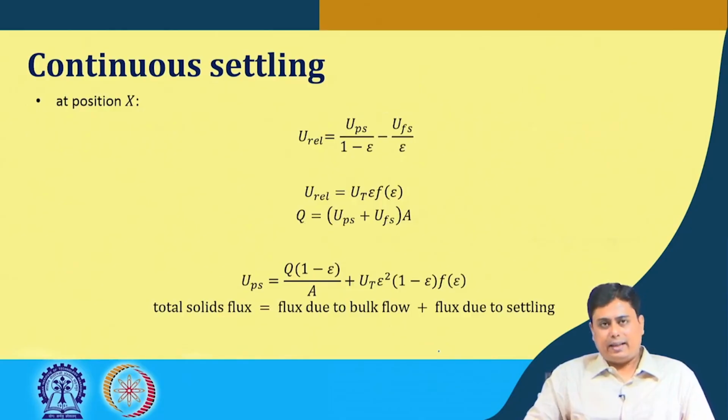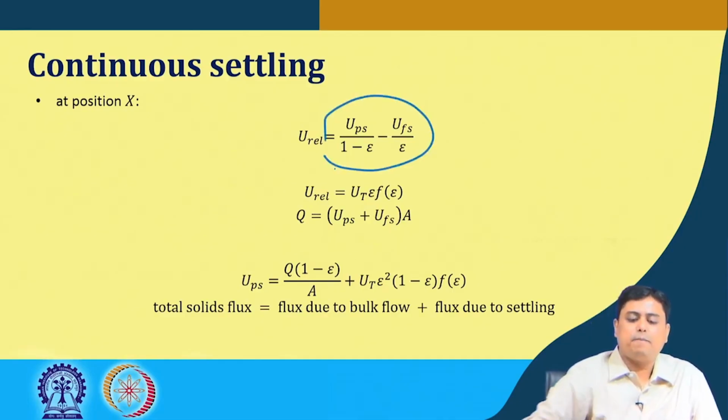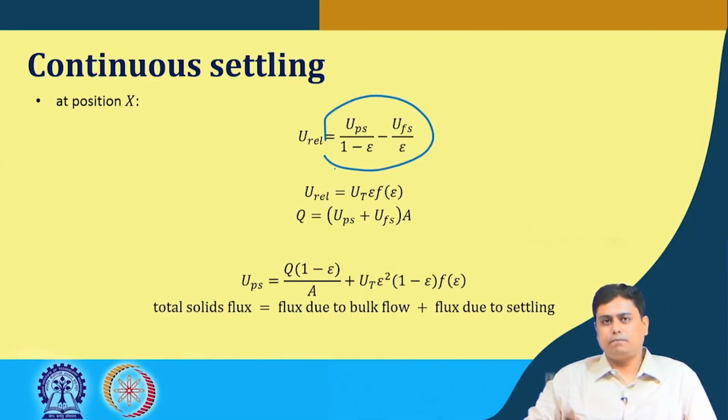So, at position x, the particles and the fluid are moving with a relative velocity of this value: UPS divided by 1 minus epsilon, minus UFS divided by epsilon. Remember, the volumetric fluxes divided by their respective volume fractions give the actual velocities, like the relation between the superficial velocity and the actual velocity.